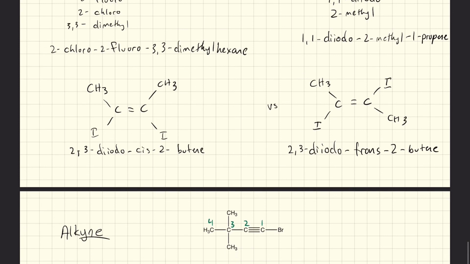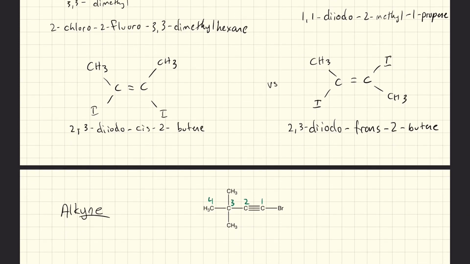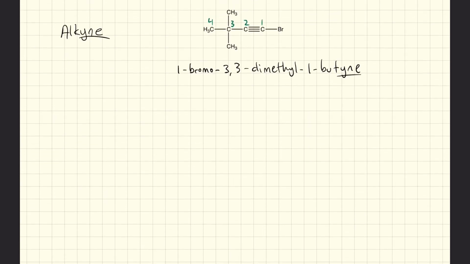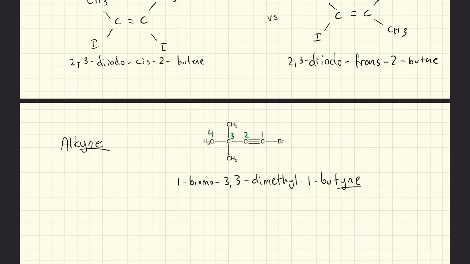Okay, so this is 1-bromo, and the bromine is going to come before the methyl. So 1-bromo-3,3-dimethyl-1-butyne, with a Y-N-E at the end. Okay, and that's all we're covering for today.